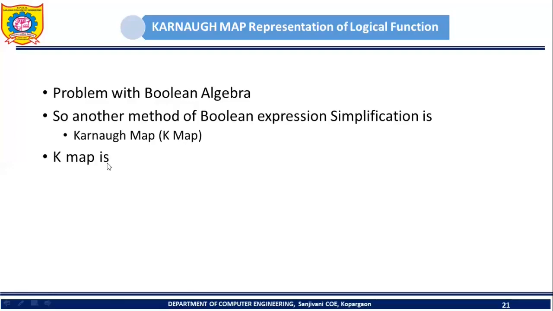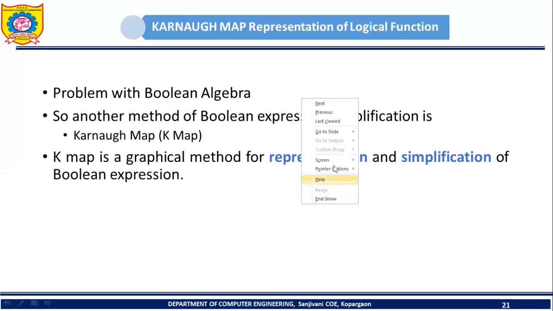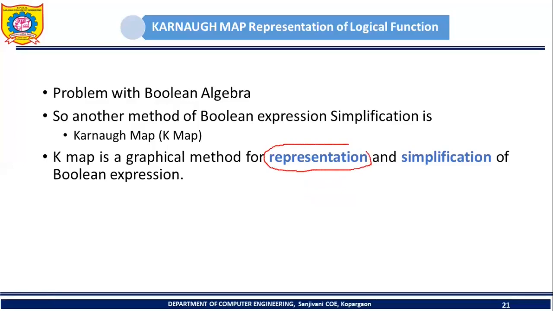So what is K-map? K-map is a graphical method for representation and simplification of Boolean expressions. What can we do by using K-map? We can represent a Boolean expression. Already we have seen that different methods are available for representing Boolean expressions. We can represent a Boolean expression by using a truth table, in SOP form, or in POS form.